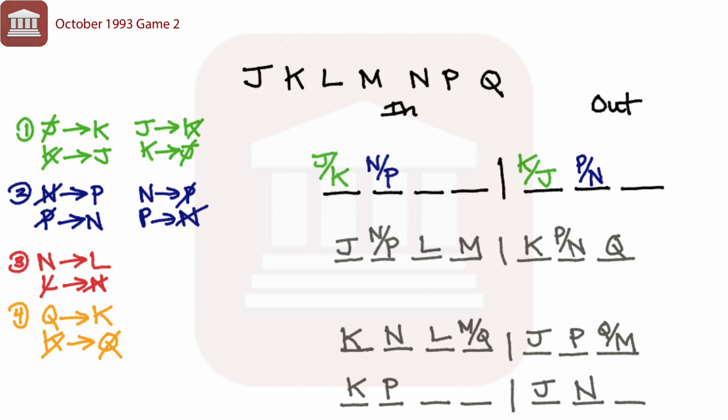N being out, again, doesn't tell me anything. So who's left? We have M, Q, and L. You notice that we're going to have try options here. Any two of those three can be in, and the remaining would be out. And that would be the setup for this game.